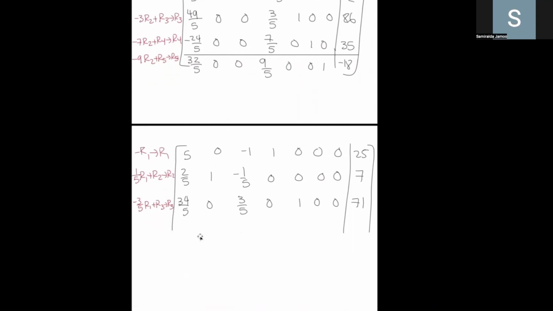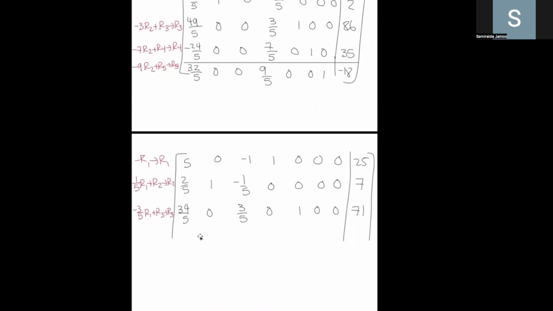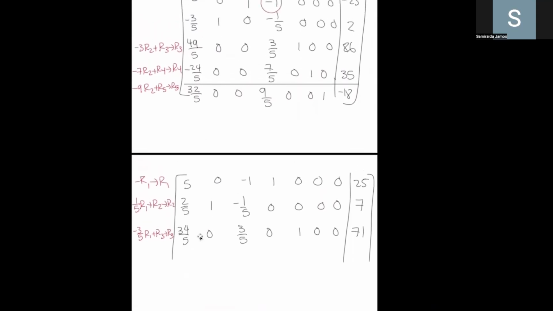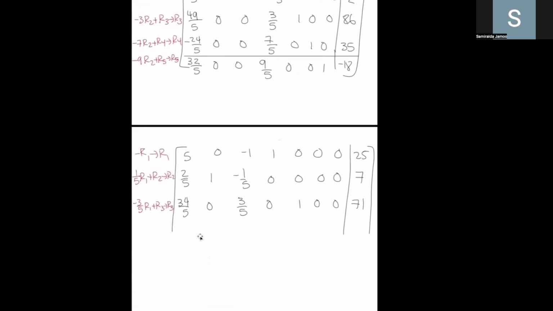Moving on to the next one. We need to multiply by negative 7 over 5, row 1 plus row 4 in row 4.